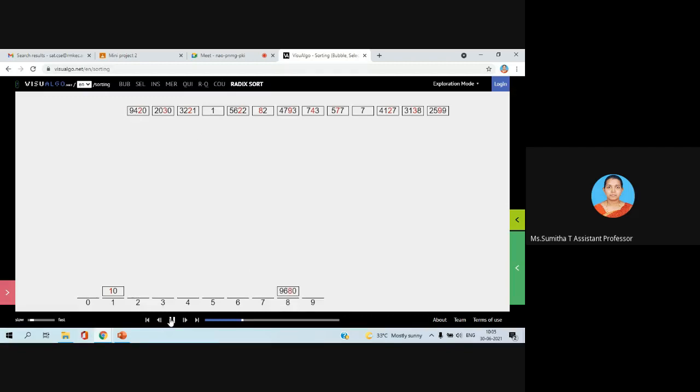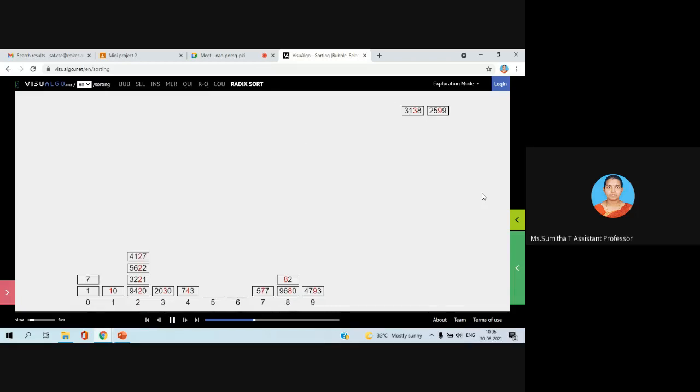Okay, 7 also comes to the 0th bucket. Now the buckets are filled.